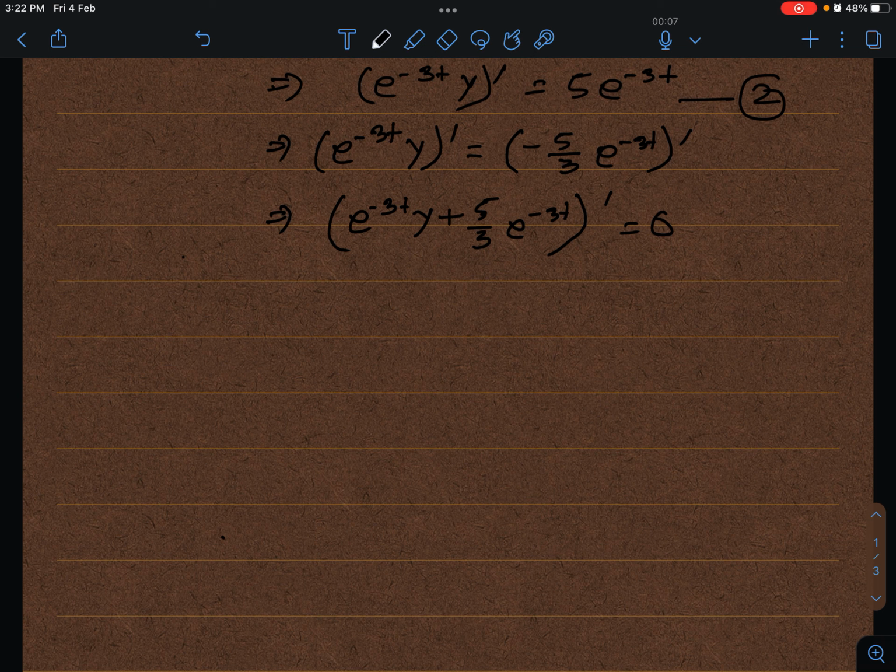Now after all the integration, let's do it in shortcut. What I would do is write this as e to the power minus 3t y plus 5 by 3 e to the power minus 3t equals c.